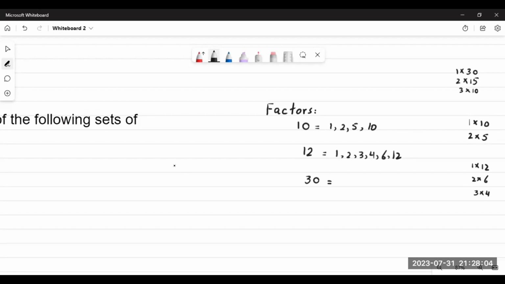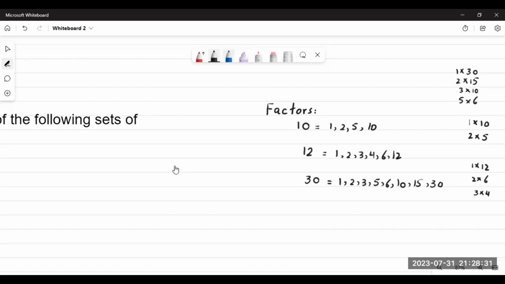Then in 4's table, is 30 coming? No, 4 8s are 32. 5 6s are 30. No more. So I can write 1, 2, 3, 5, 6, 10, 15, and 30. These are the factors of 30.